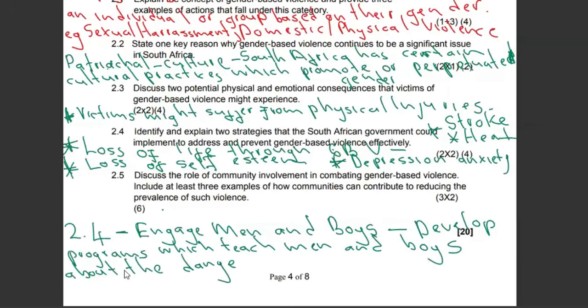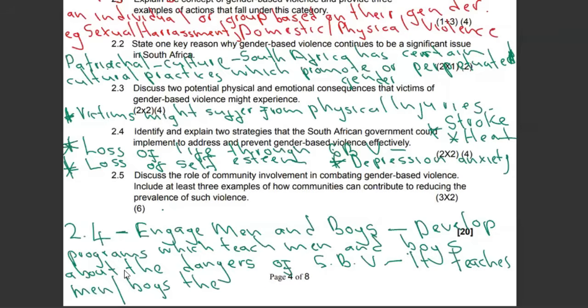Men and boys need to be taught about the dangers of gender-based violence at an early age. So we can start with programs which encourage men and boys to challenge harmful stereotypes. So these programs teach men and boys the dangers of stereotyping.